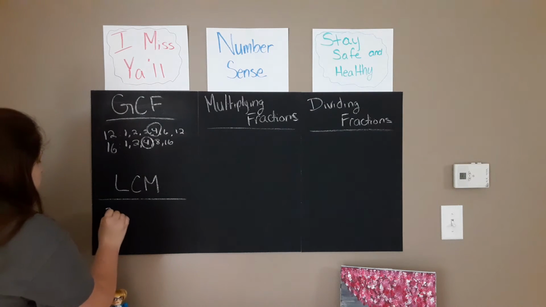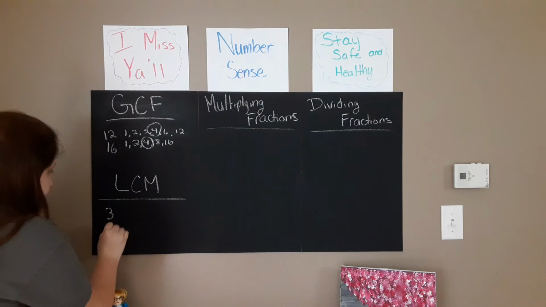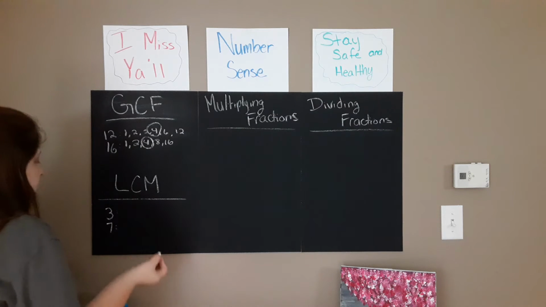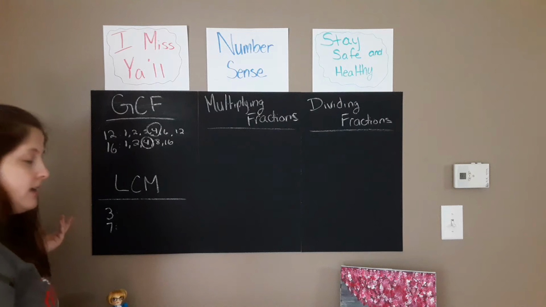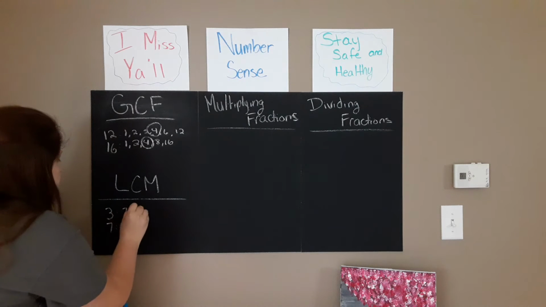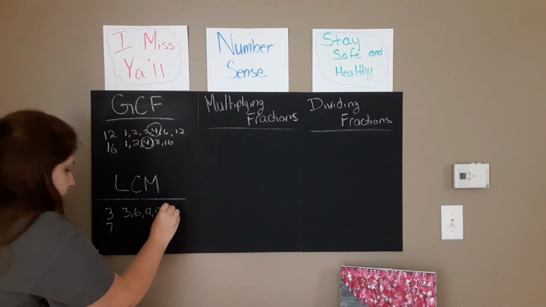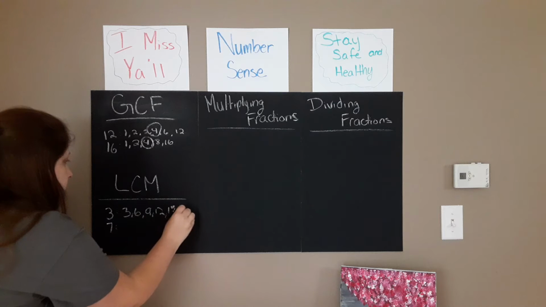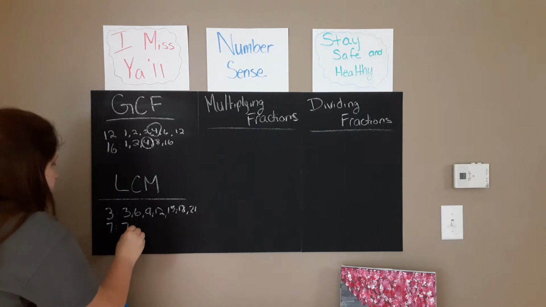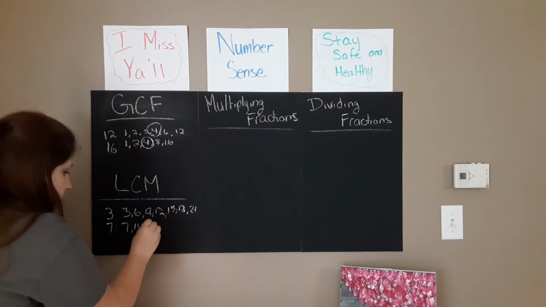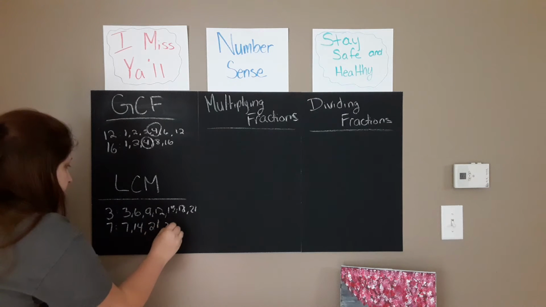Then least common multiples. If we look at 3 and 7, we know to count by 3 and 7, right? So 3, 6, 9, 12, 15, 18, 21. Then 7, 14, 21, 28.